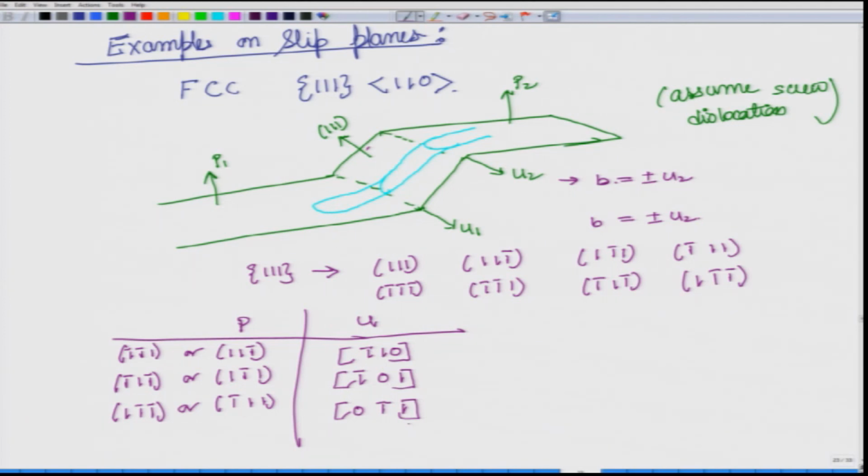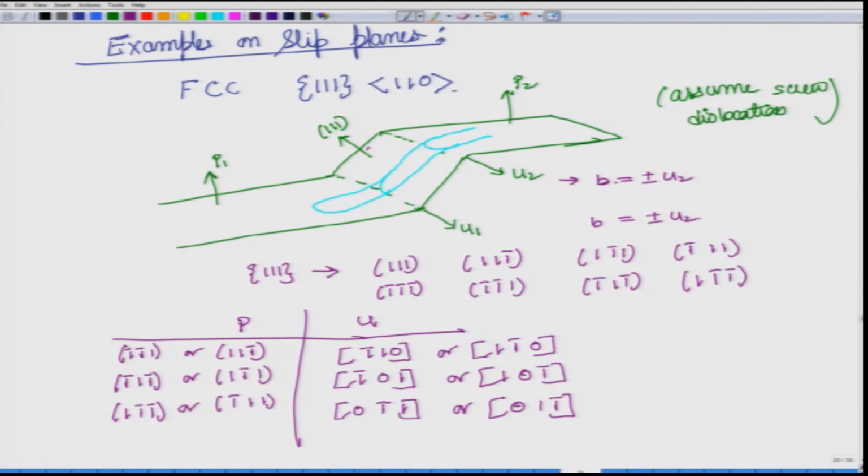If this is P1, this is the only possible U1. And just like in this particular case, there are negatives. So here also you will have negatives, which we can write as follows. These are not really additional planes, but just the negatives of these. So, I have written them over here.